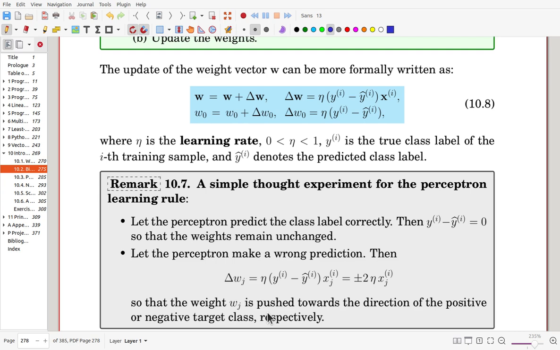Once it is not 0, we push the hyperplane so as to locate the hyperplane between the classes.